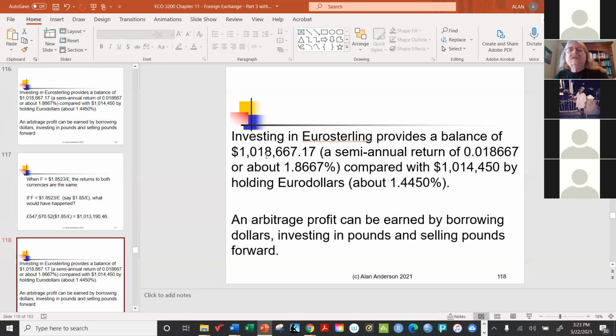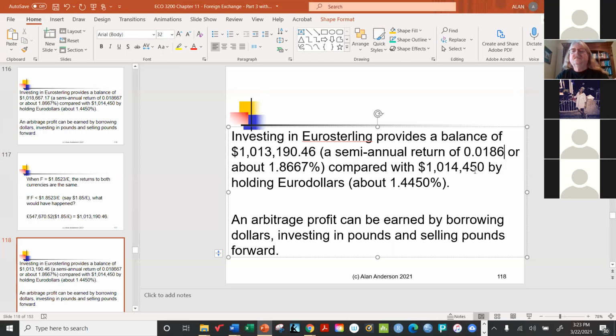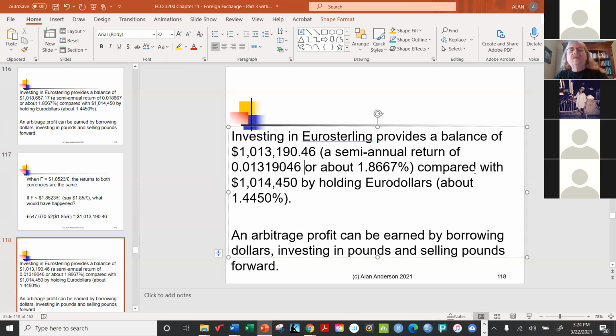So in euro sterling, it gives us 1,013,190.46, where the return is therefore only about 1.319%, compared with 1.445% in euro dollars.